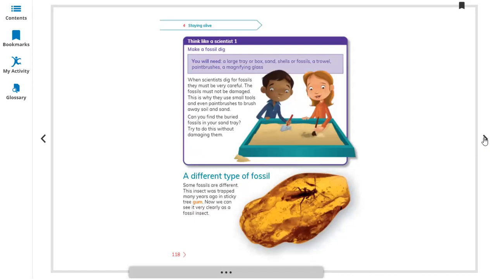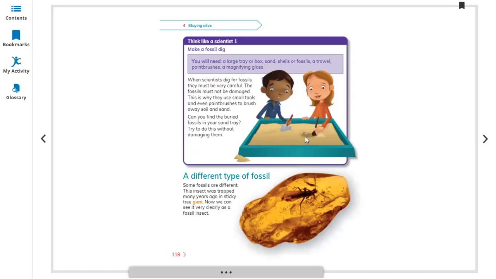After this, think like a scientist and make a fossil dig. You will need a large tray or box, sand, shells or fossils, a towel, paintbrushes, and a magnifying glass. When scientists dig the fossils, they must be very careful while cleaning or digging.